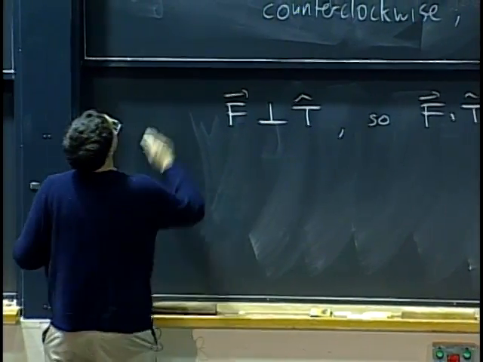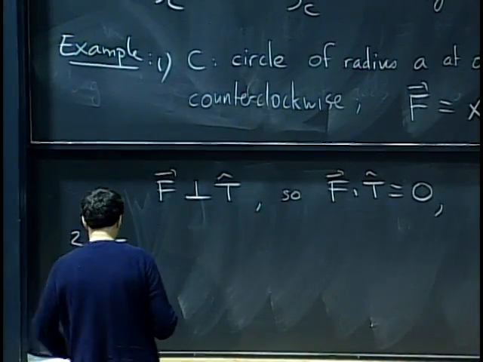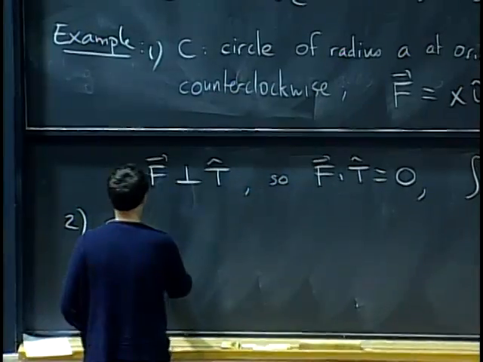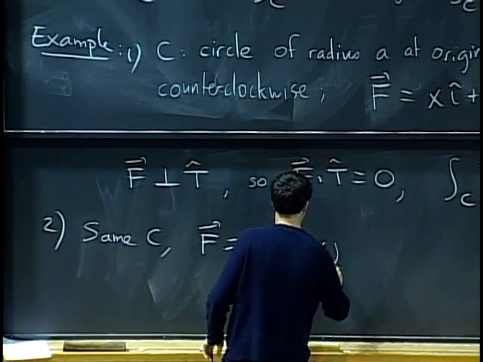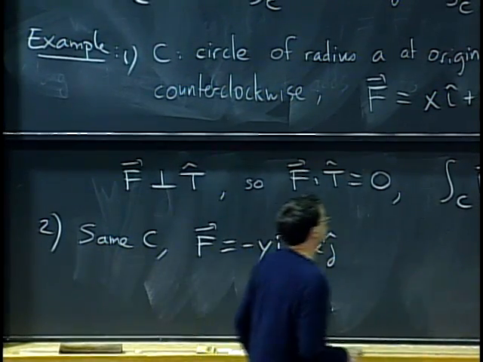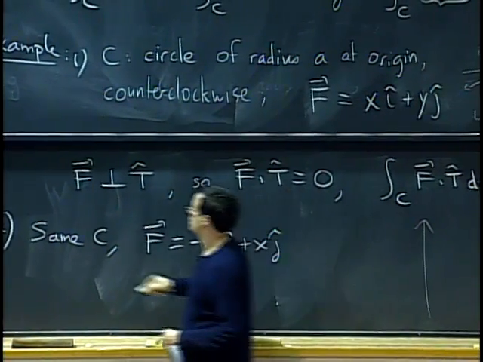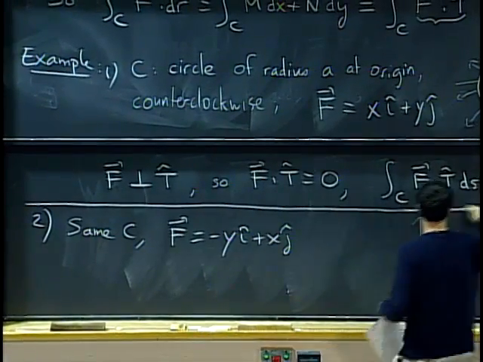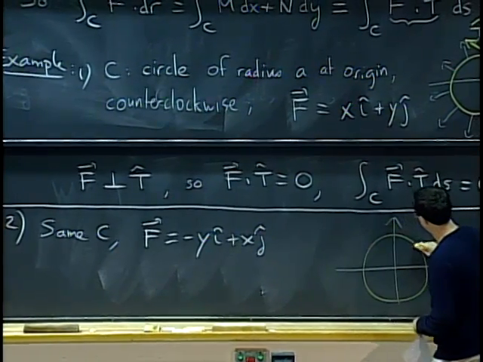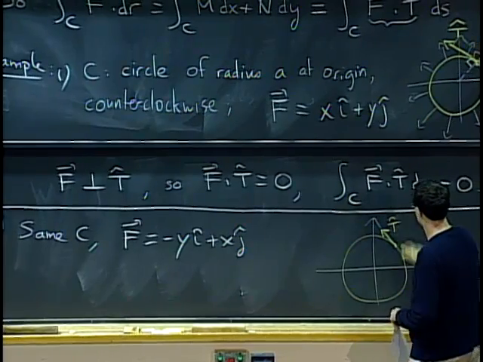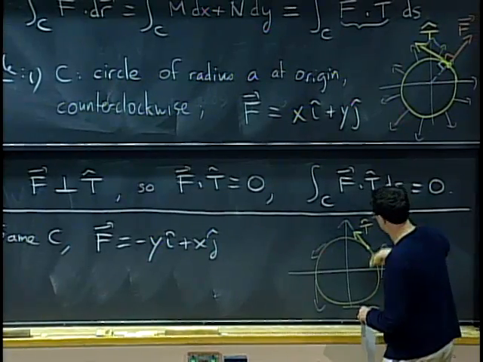Let's just do a last one. That was the first one. Let's say now that I take the same curve C, but now my vector field is the one that rotates: negative yi plus xj. So that means along my circle, the tangent vector goes like this, and my vector field is also going around.